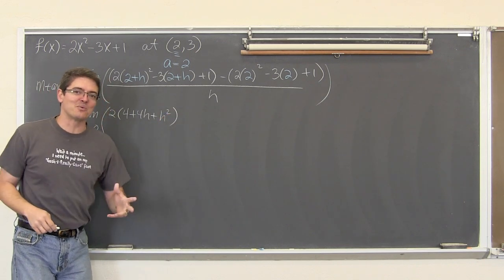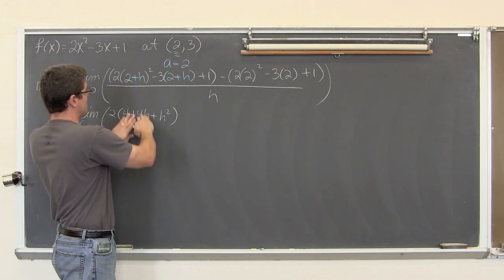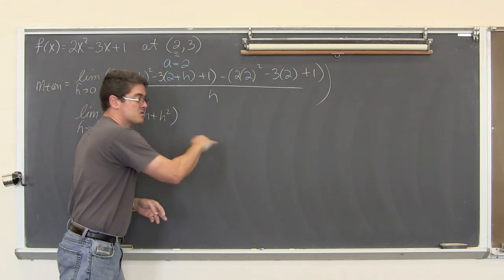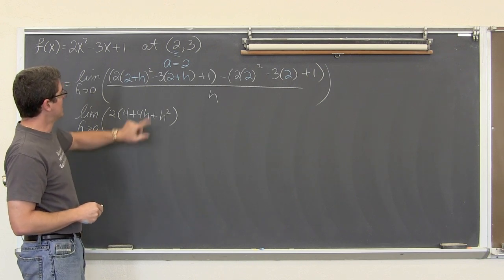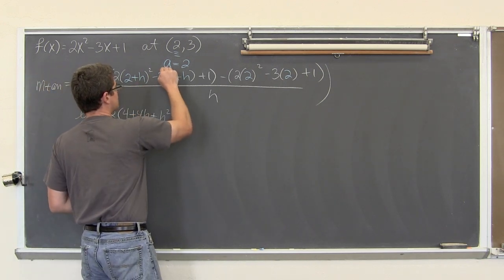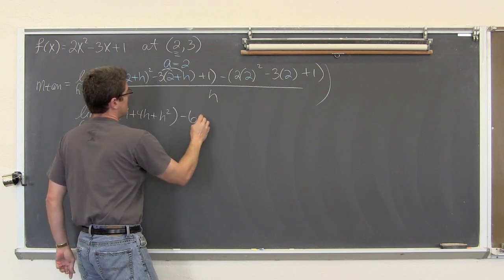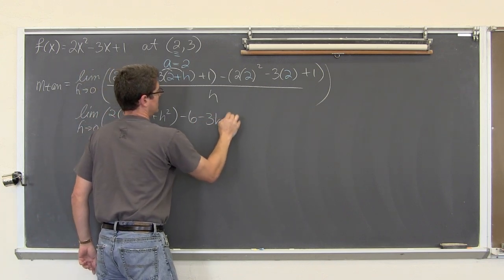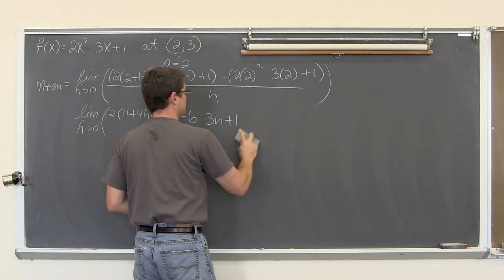You're in calculus now, right? This is not 4 plus h squared. If you don't get this, write it twice and distribute it together. You will get that middle term. A lot of students forget that initially. Minus, I'm going to distribute this 3, so minus 6 minus 3h plus 1. Don't need that parentheses at the end.